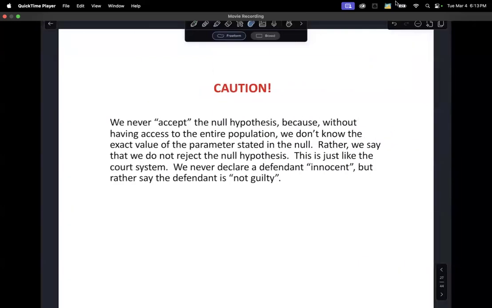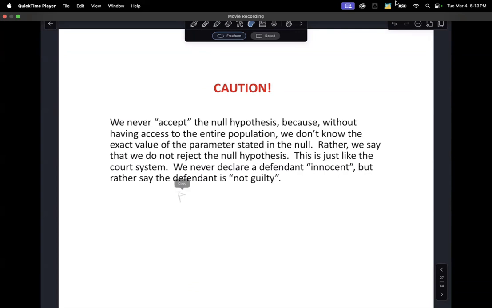This is important. We never accept the null hypothesis. You don't have access to the entire population. We don't know the exact value of that parameter. We can never know the exact value, so we don't accept it. We either reject it or we fail to reject it.